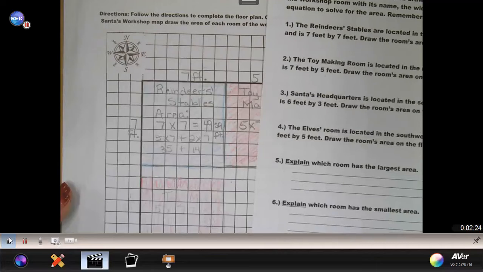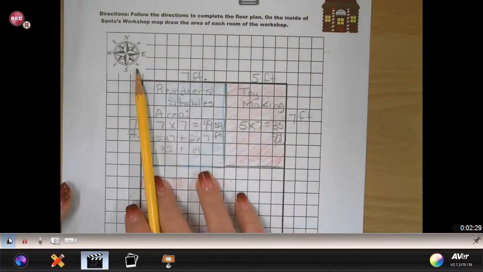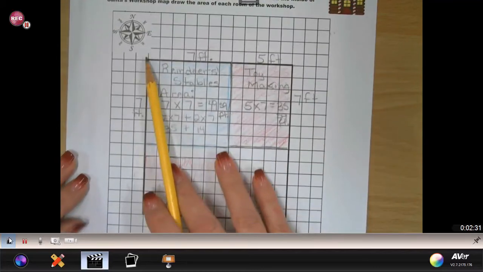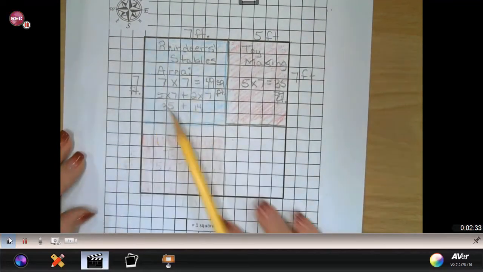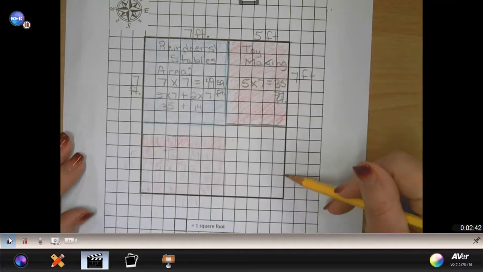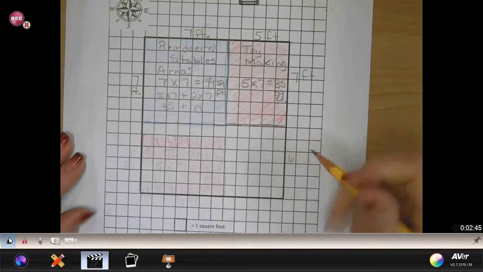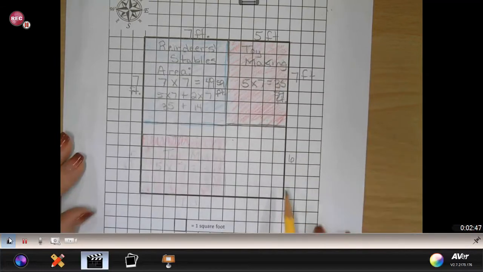Here's the southeast corner right here. So it's 6 squares, 6 rows. It's 1, 2, 3, 4, 5, 6. And it's by 3 feet.